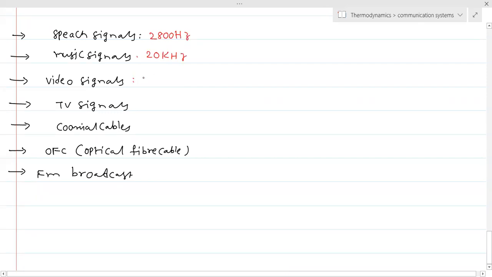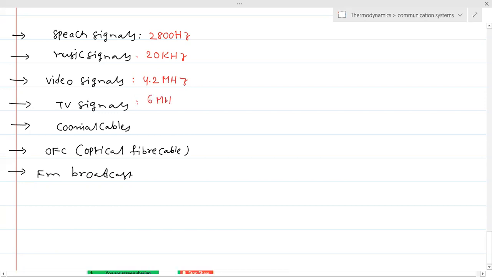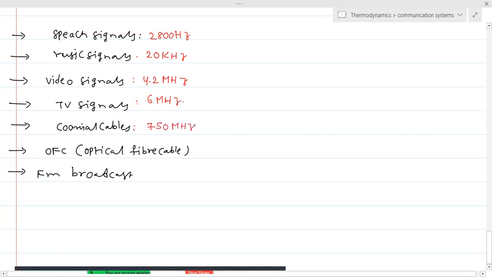When we think of video signals, they have a frequency range up to 4.2 megahertz. When we think of TV signals, 6 megahertz we are writing. And when we think of coaxial cables, they carry the information up to 750 megahertz.